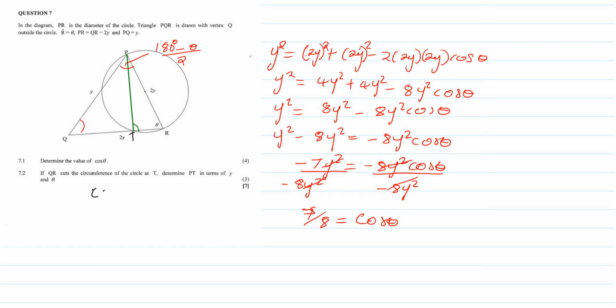We have the hypotenuse and we also have the opposite, so we'll just use sine of theta equal to the value of PT, which is unknown and what we want to show, divided by 2y. Then PT is the same as 2y sine of theta.